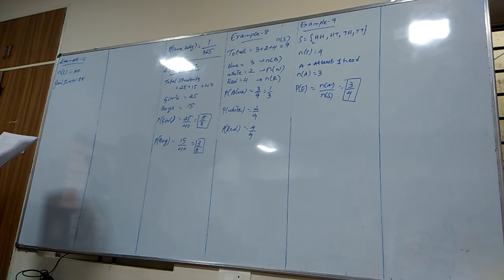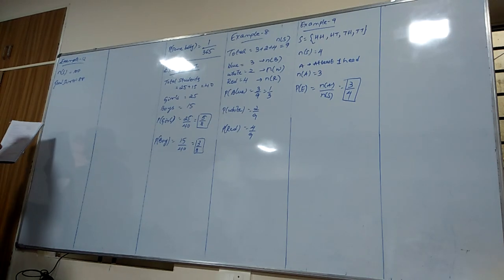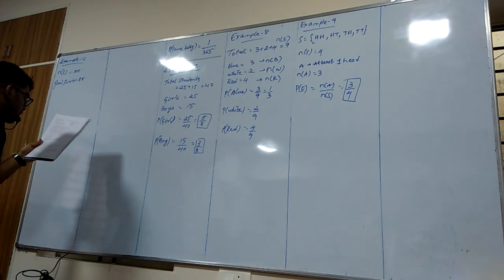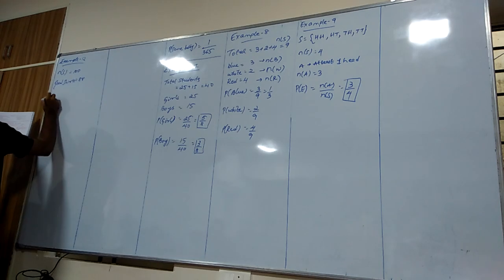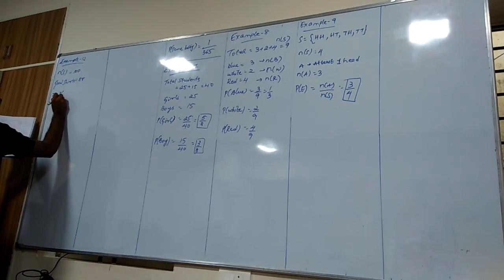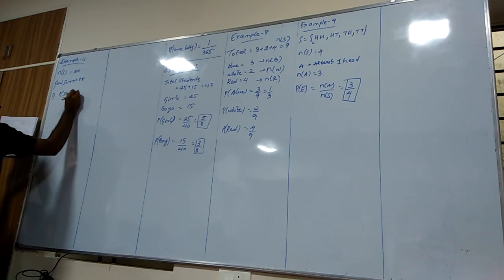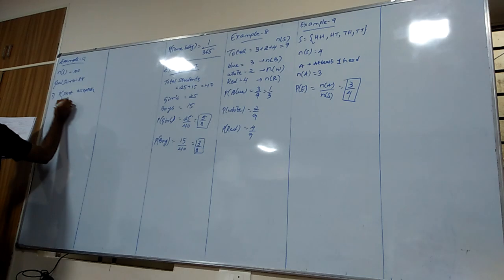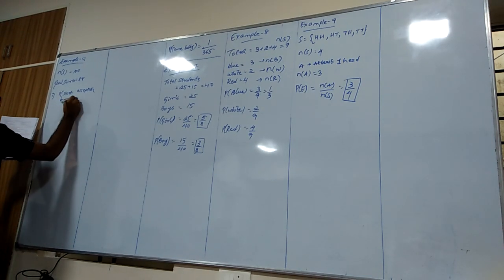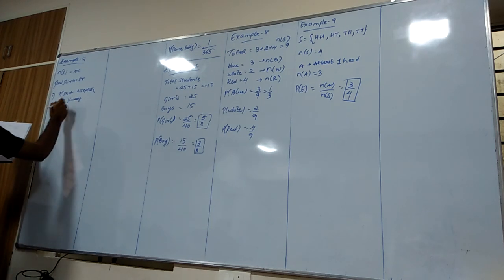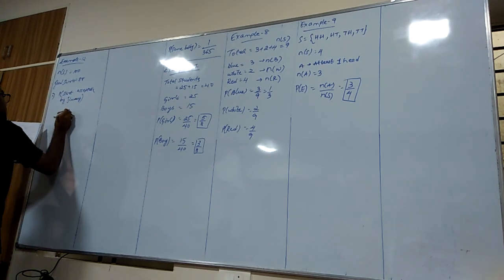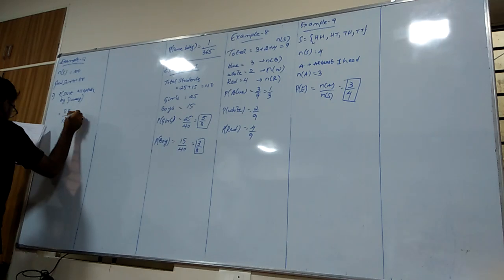Jimmy accepts only good shirts. So probability, first one: probability of Jimmy accepting the shirt, shirt acceptable by Jimmy, is 88 by 100.